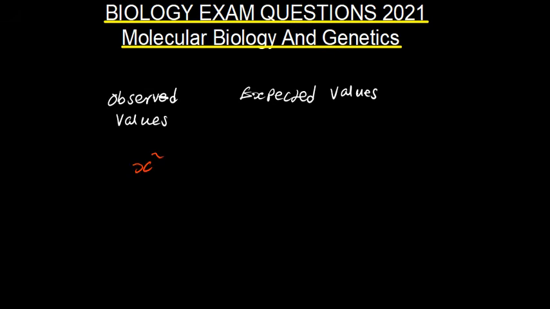Now, when you calculate the chi-square value, you are going to compare it to another value known as the p-value. But before I come to the p-value, let's first do this. Say you have a cross of tall with dwarf or short.